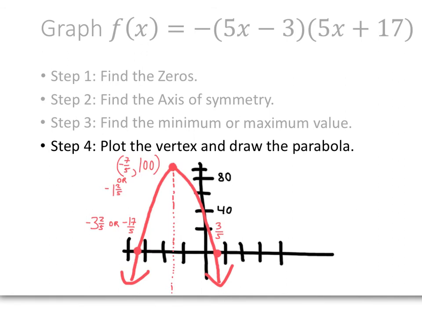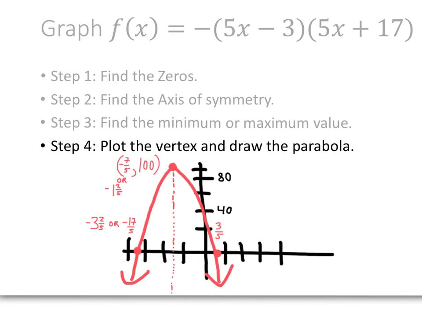All that's left to do now is actually draw the parabola. Once again, when actually drawing your graph, it might be a lot more useful to represent the fractions as mixed numbers. So I have my axis of symmetry at x equals negative 7/5 or x equals negative 1 2/5.